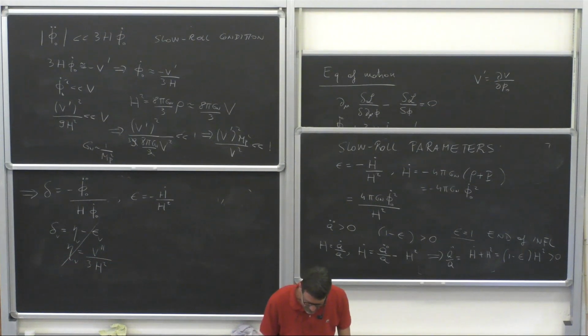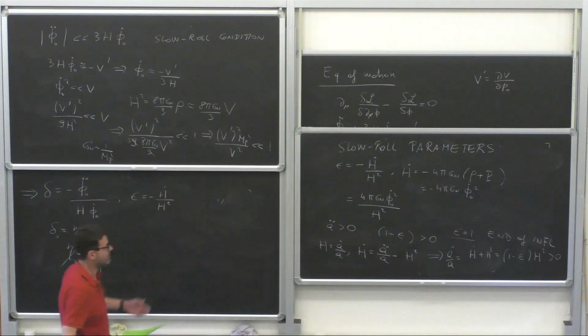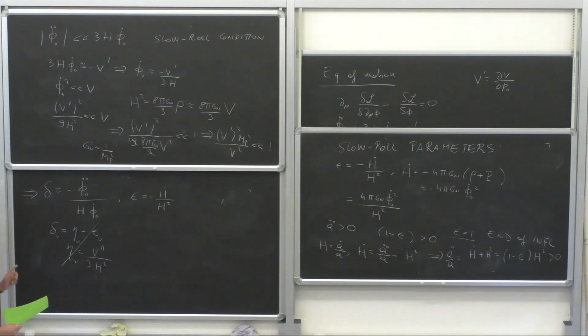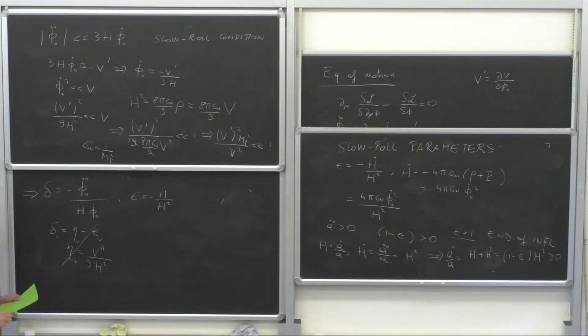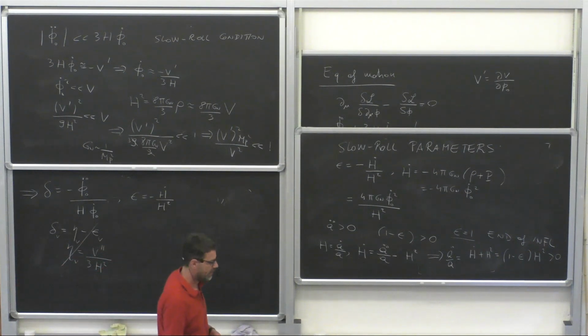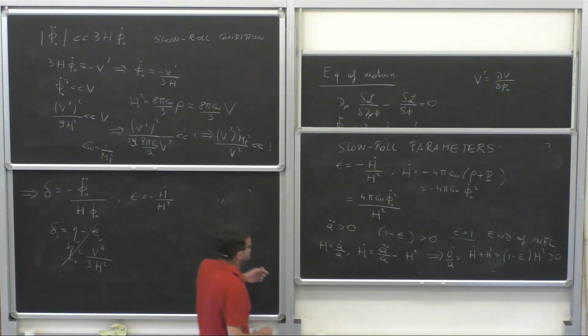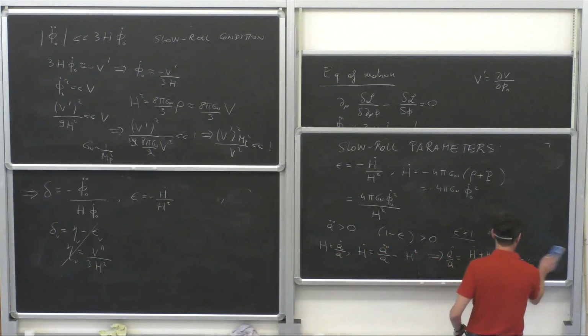Now suppose that during inflation the universe is expanding almost exponentially, almost because it's not exactly exponential, since these parameters are never exactly equal to 0. So let's compute now the total number of e-folds of a given model, given a potential. I give you a potential, whatever it is, and I ask you to compute how long inflation will last.